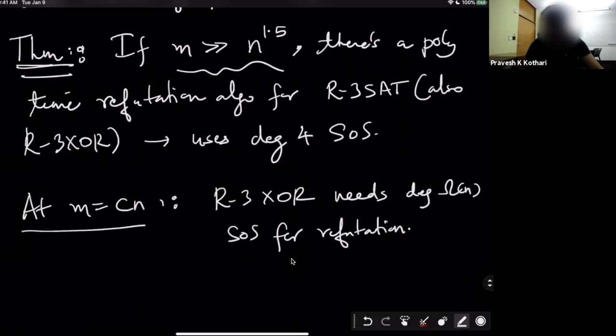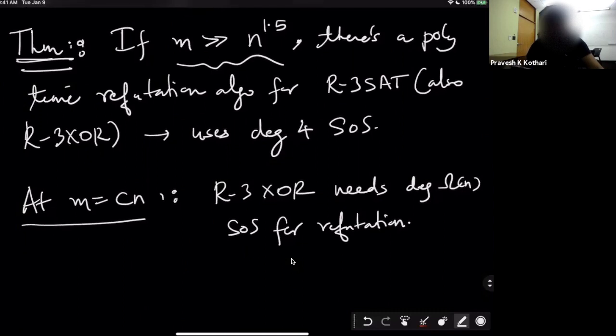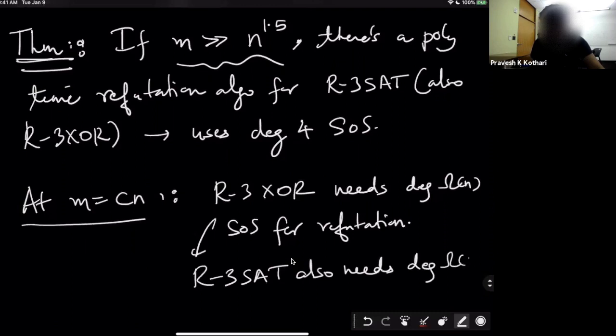It was my plan to do a proof of this, which is really a 5-minute proof, but now I will not. It would appear as another problem on your homework. It turns out that this, in like 2 lines, implies that R3-SAT also needs degree omega n SOS for refutation.